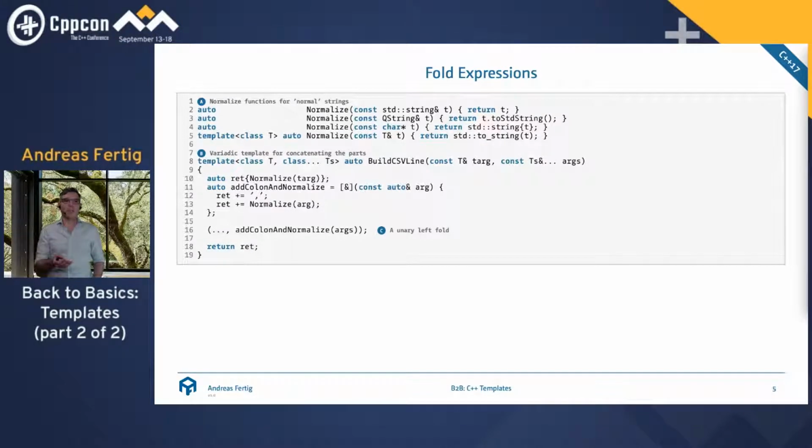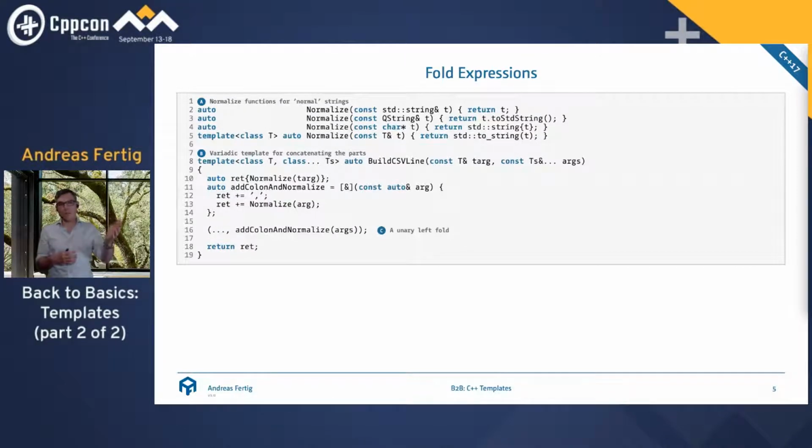And its purpose is to create a comma-separated line out of all the parameters I'm passing in. And that means that it has to convert every parameter into a std string and separate each of these strings by comma. Before, with the print, we separated it with a space. So we combine these 2 techniques now.